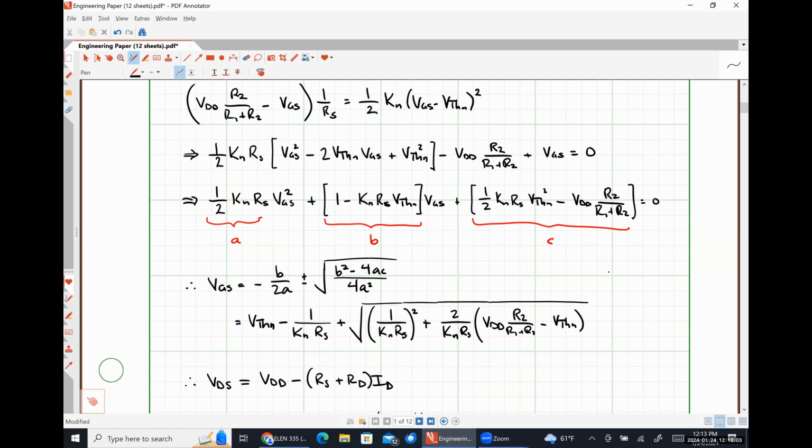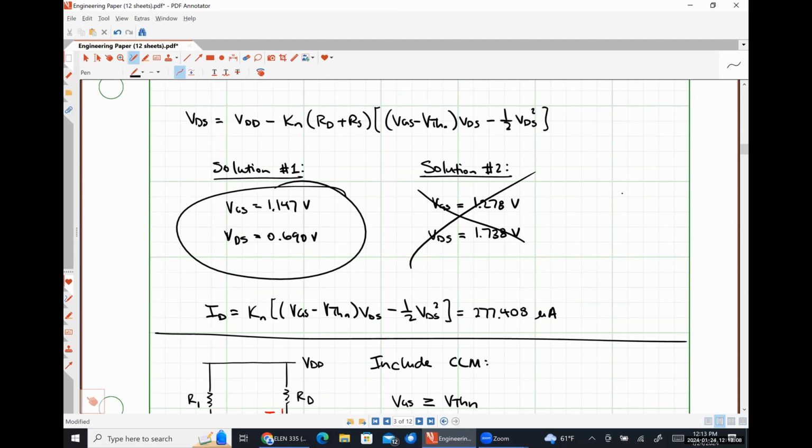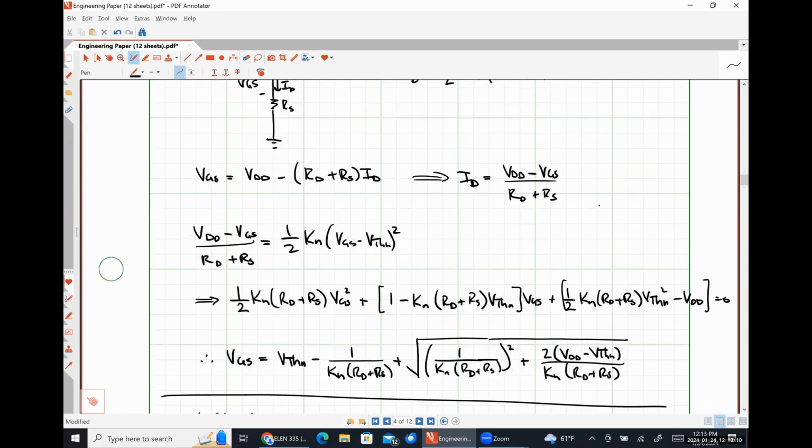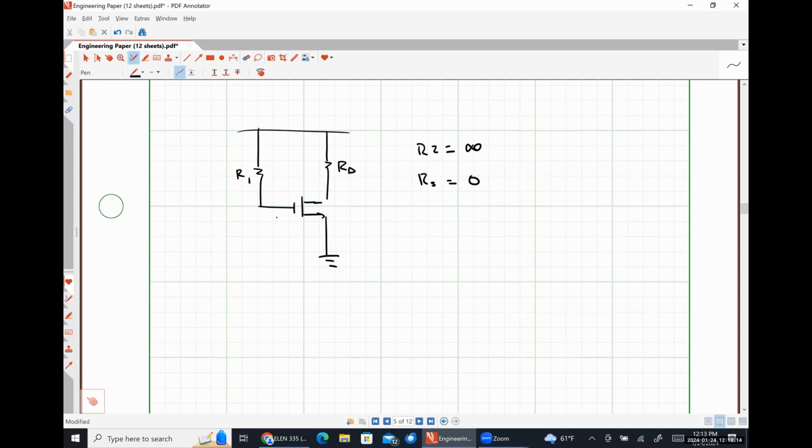I would argue that if we look at this, this is the VGS that we're trying to solve for, right? What's the voltage drop across the resistor R1? Nothing, because there's no current flowing through it, which means VGS is VDD.